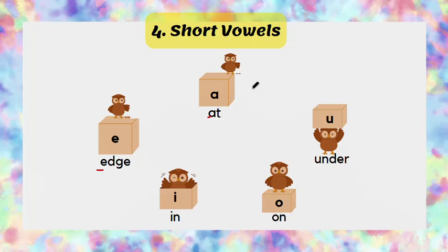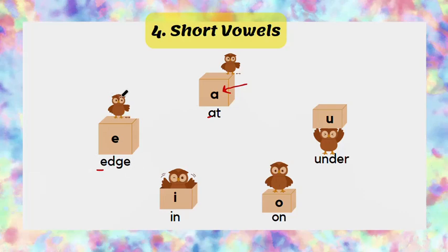like at. At. The owl is at the corner of the box. When you say the word at, your mouth opens to say the short vowel sound. A, at. Try saying it with me. A, at. Now say the preposition edge.